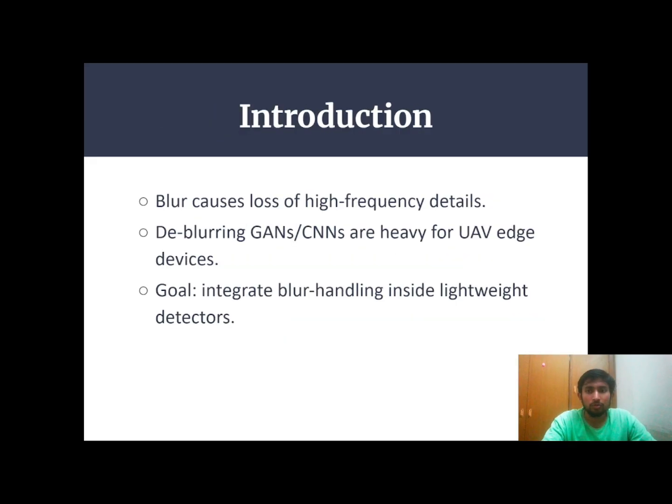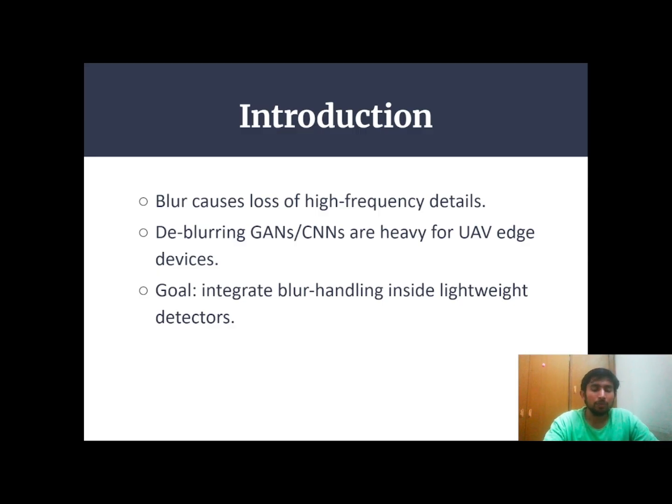So, moving on to the introduction section, motion blur primarily destroys the high frequency details, like the edges and the fine structures present in the video frames or image frames. In drones, this happens constantly due to camera shake and fast movements.